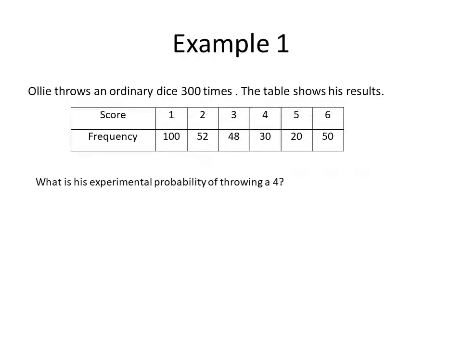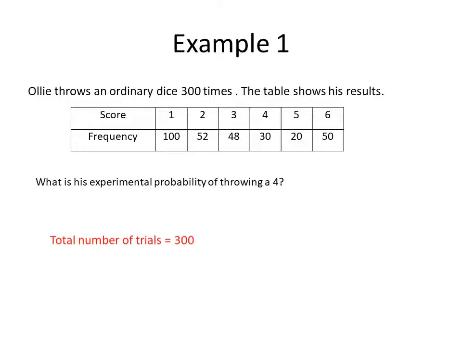What is his experimental probability of throwing a 4? First of all, we need to know the total number of times Ollie throws the dice, which is 300. And if you add all the frequencies here, it is also 300. The number of times Ollie gets 4 was 30.